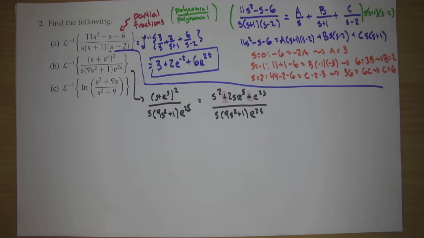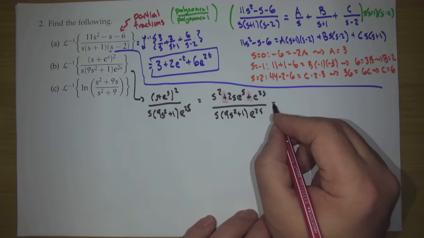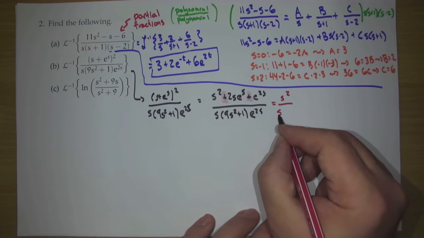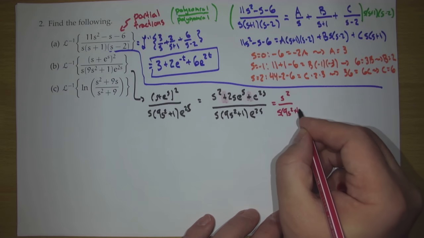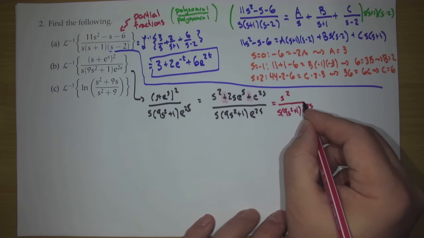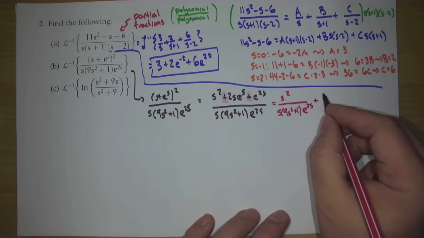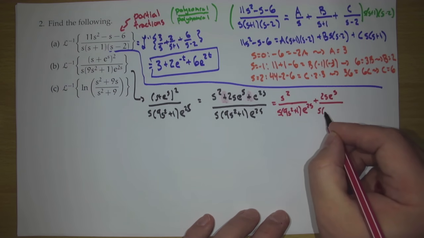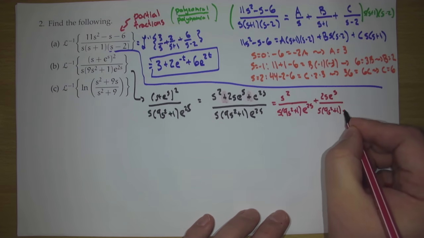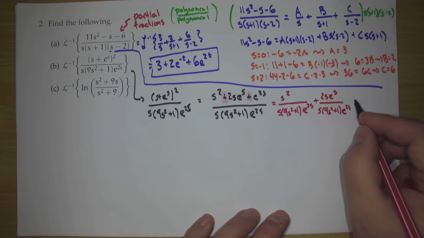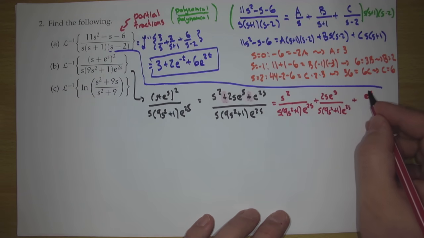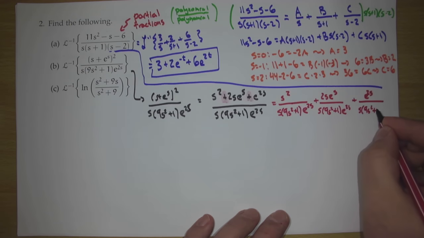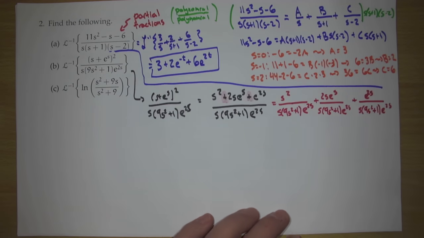All right, so we're going to have the following three pieces: s squared over s times (9s squared plus 1) e to the 2s, then plus 2s e to the s over s times (9s squared plus 1) e to the 2s, and then e to the 2s over s times (9s squared plus 1) e to the 2s.